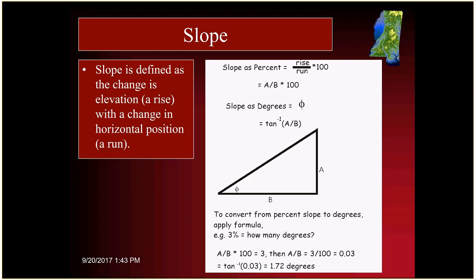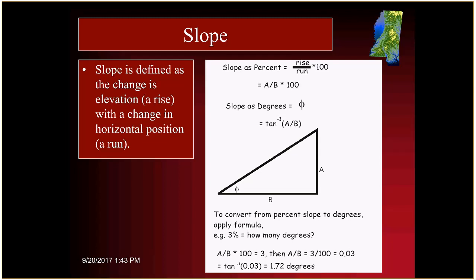What's the rise in that case? 50 and 49, so the rise between here and there is 1. Let's say the cell size was 1. So this would be 1 divided by 1. We take the arctangent, and we get slope in degrees. We don't even have to figure out what that is.